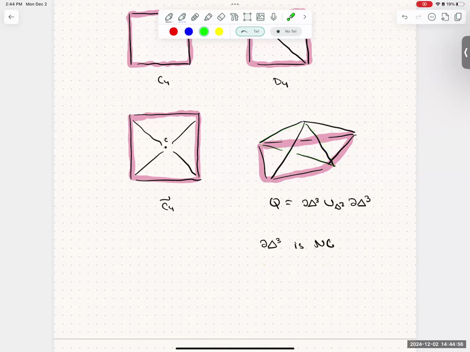Therefore, by one of the basic results we mentioned before, this space Q is non-contextual. And what you can show is that satisfying these inequalities means that P here can extend to some P on here, and therefore non-contextual.